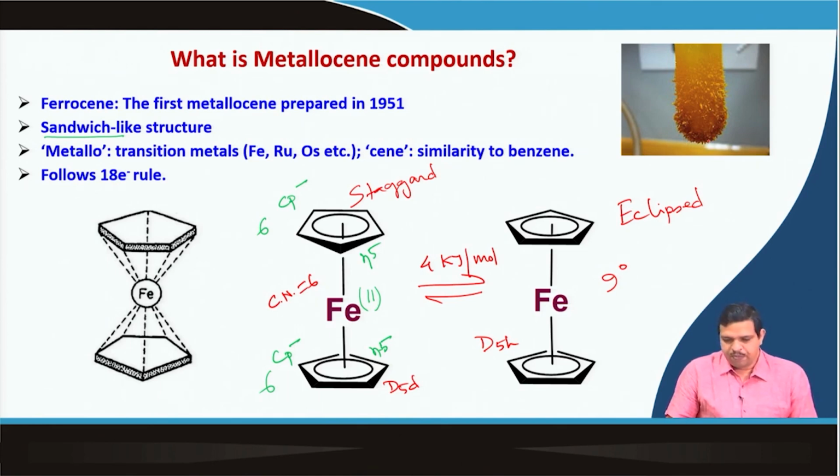These are very interesting and famous metallocene compounds, which were first discovered in 1951 and later characterized. You remember that the Nobel Prize was awarded in 1973 to Wilkinson for proposing the structure of this kind of metallocene compound.